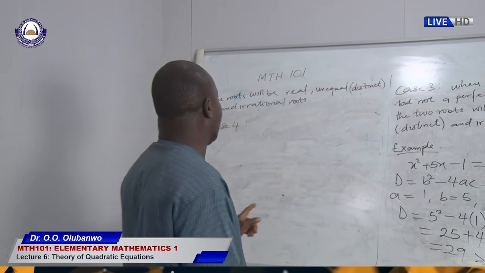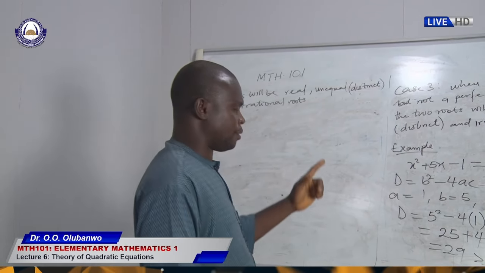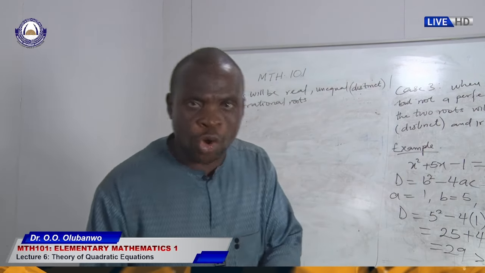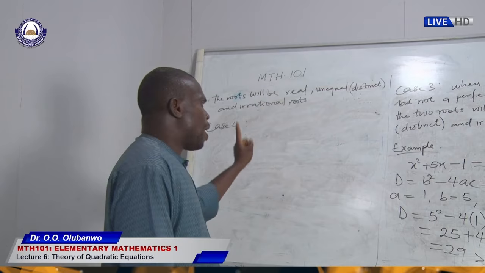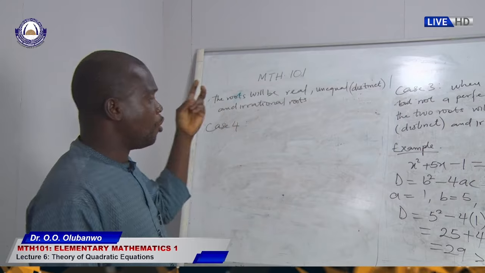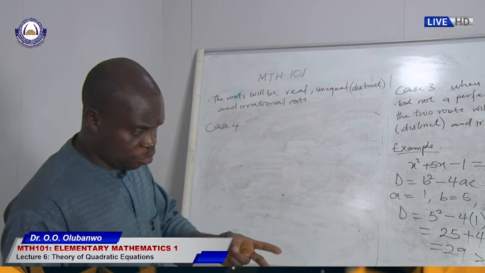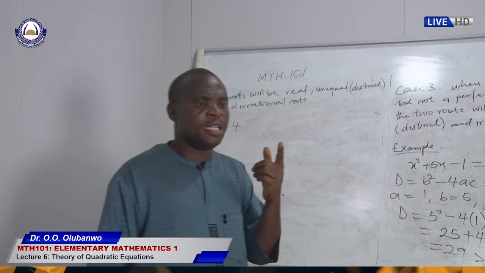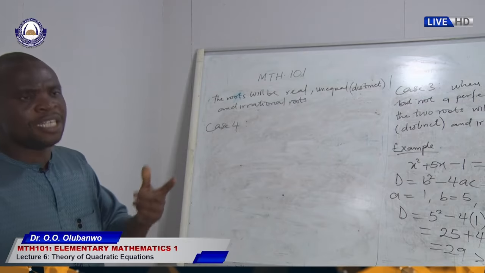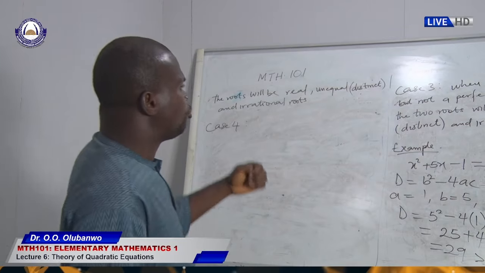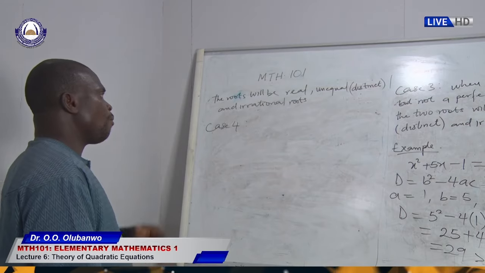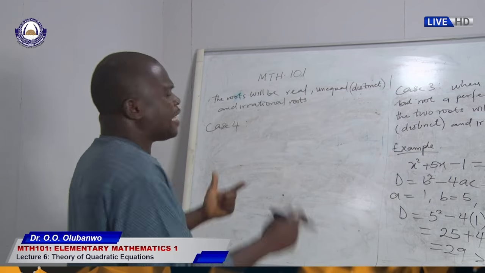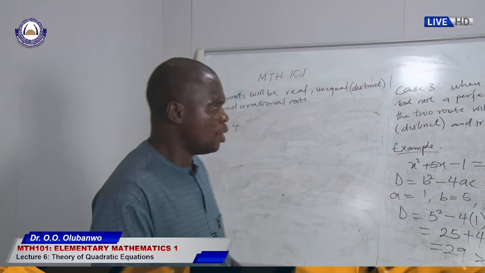For case 2, when the discriminant is greater than 0 and also a perfect square, we are going to have real, unequal, and rational roots. But when the discriminant is greater than 0 and not a perfect square, the two roots will be real, unequal, and irrational roots.